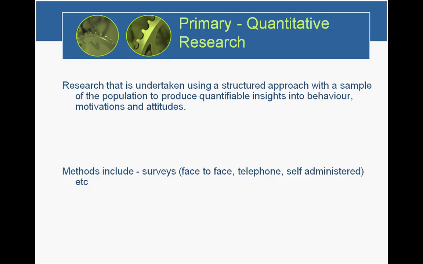It's easier to analyze than qualitative data, because you do not have as much useless information there as well. Examples are customer spend, frequency of purchase, market size, gender behavior, demographic behavior, stuff like that. And the methods are surveys, face-to-face, telephone, online surveys, things like that.